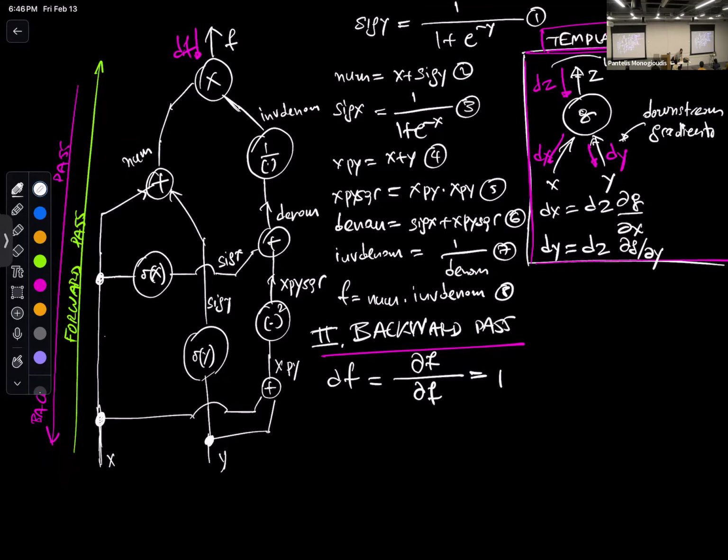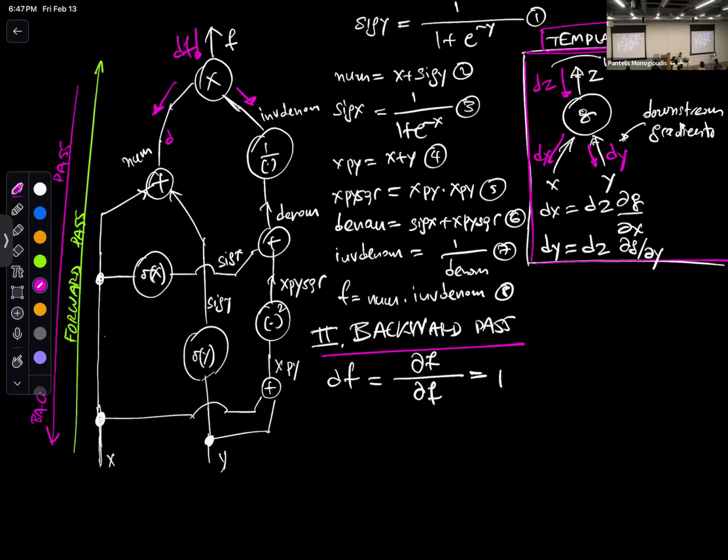Now I'm going backwards. This means I now need to go in a deterministic way. Backward migrate equation 8, then 7, then 6, 5, and so on. I'm not going to change the order at all. So let's backward migrate the first equation. Obviously, I have now my upstream gradient, and I need to calculate these two downstream gradients.